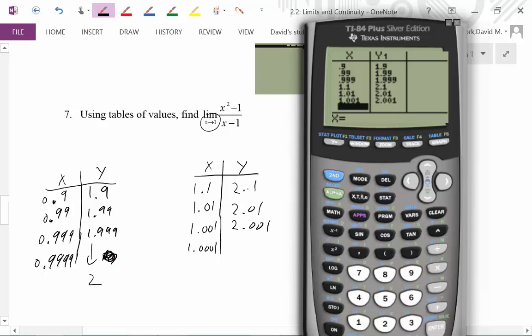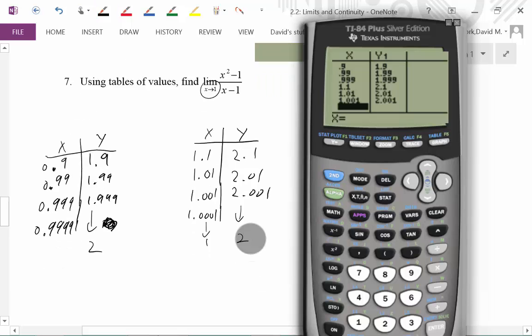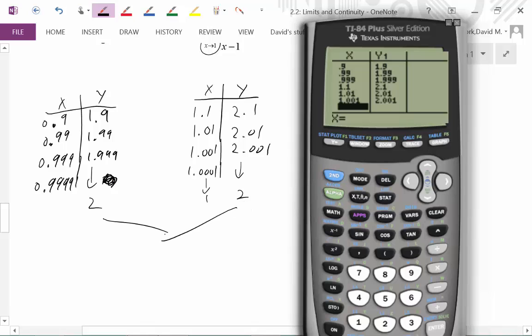So it looks to me like as our x values get closer and closer to the value of 1, our y values get closer and closer to the value of 2. So therefore, I'm going to go ahead and call it and say it looks to me like the limit of this function as x approaches 1 of whatever this function was up above is equal to 2.